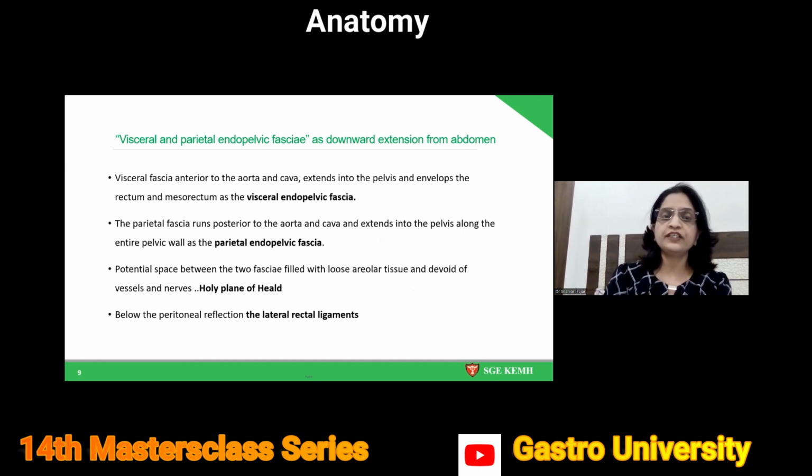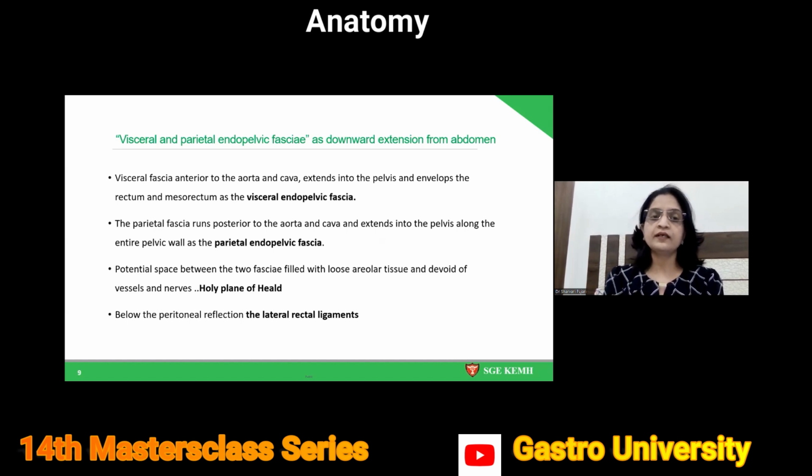So the visceral fascia is the one which is lying anterior to the retroperitoneal vessels, that is aorta and vena cava, and then it extends in the pelvis and envelopes the rectum and becomes visceral endopelvic fascia. Whereas the parietal fascia is the one which lies posterior in the abdomen, posterior to the vessels, aorta and cava, and thus runs along the pelvic wall and covers the bony pelvis and the muscles of pelvis.